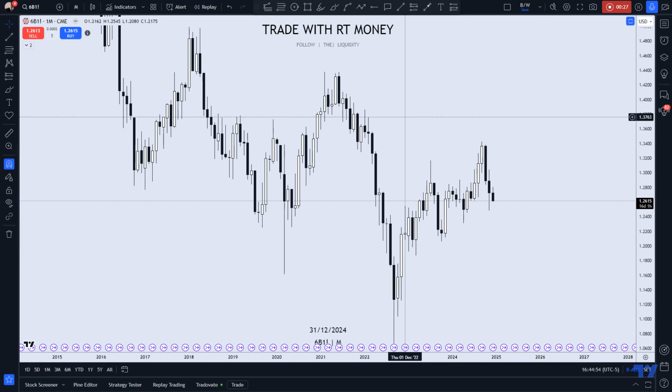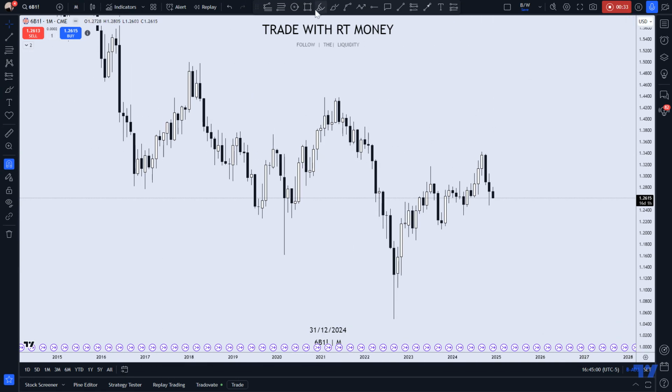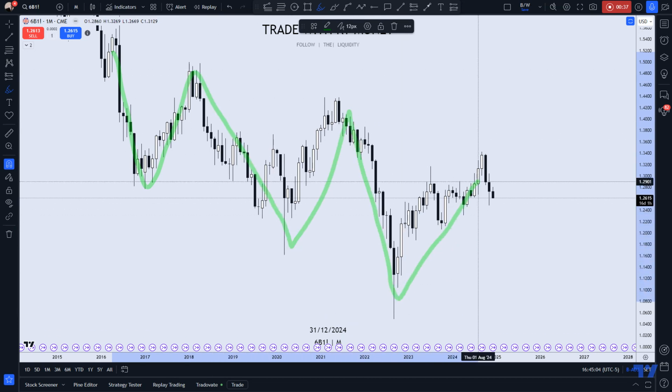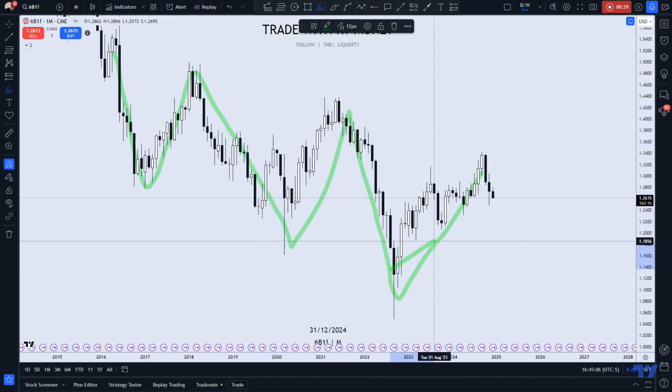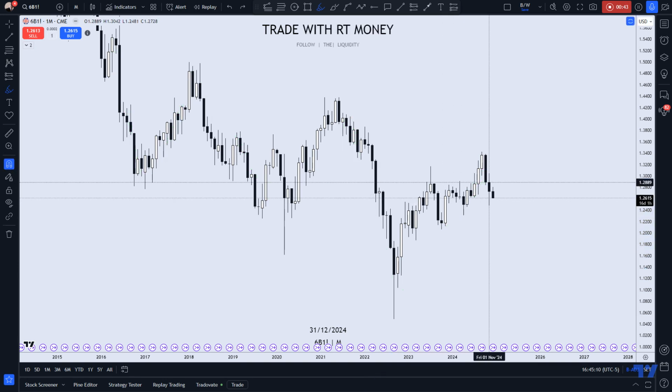Okay. Now, we're looking at the monthly time frame. And you can see we are in a downtrend. It's a very strong downtrend. Lower lows, lower highs, lower lows, lower highs. Is the pullback over is always my question when I see lower lows and lower highs. You know the pullback is over when you see a break of structure to the downside in a downtrend.